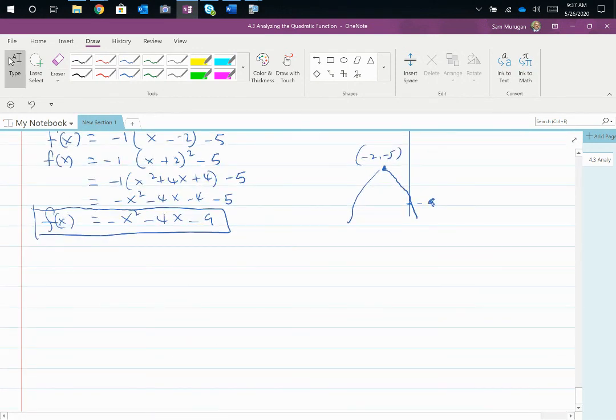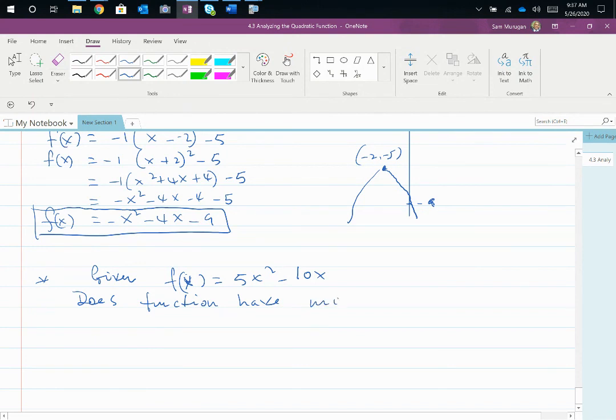Just a couple other little questions here. If given f of x equals 5x squared minus 10x, does the function have a min or max?